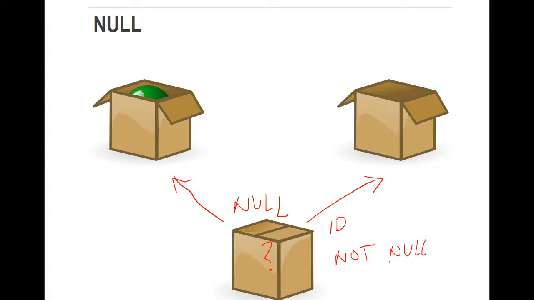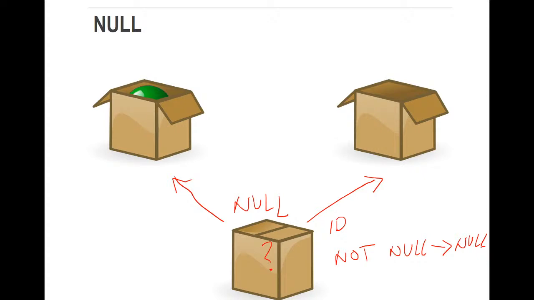So if I try to negate a null, I want to know whether this is not empty or this is not filled. Okay, so if you try to negate a null, your answer is also null, because you do not know. You cannot open the box, so you do not know whether it's empty or filled. So if you try to negate a null, what you have is a null.